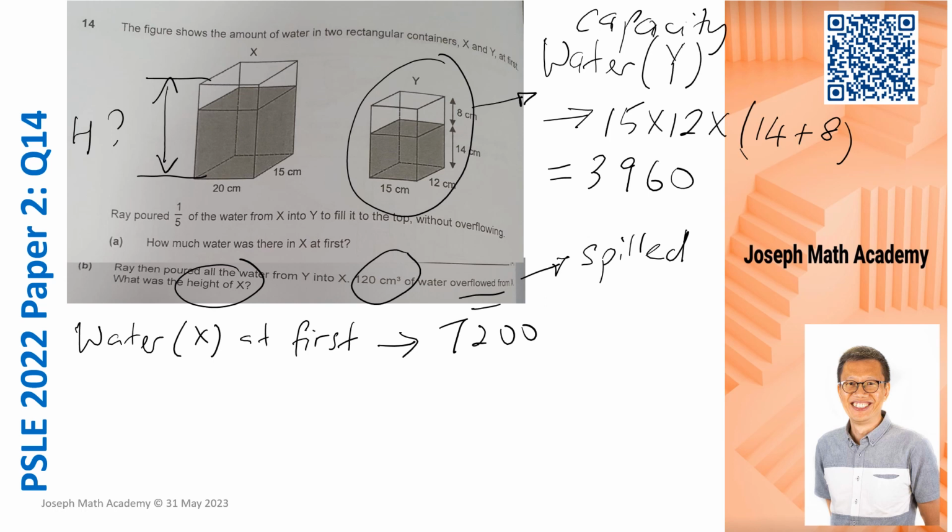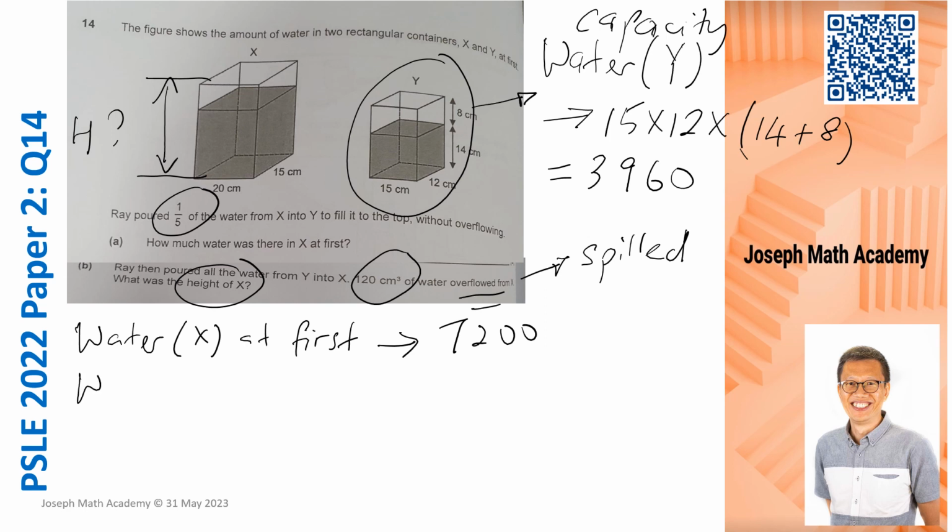This amount of water became 4/5 after Ray poured 1/5. So that means after pouring 1/5 of water from X into Y, container X only has 4/5 of the water.